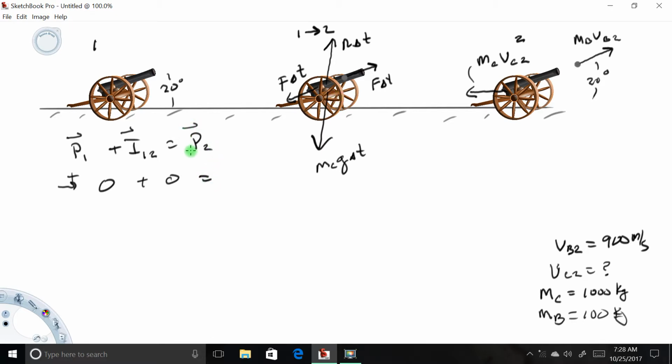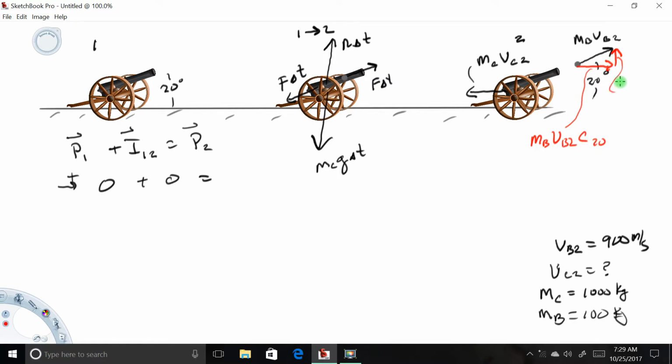Equals final momentum, again, only x direction. So I look at this picture now. This guy's momentum vector points kind of up and right, and you've got to think in terms of components. It has a horizontal component and a vertical component. This component here is adjacent to this 20-degree angle, so its magnitude is going to be MB VB2 cosine 20 degrees.